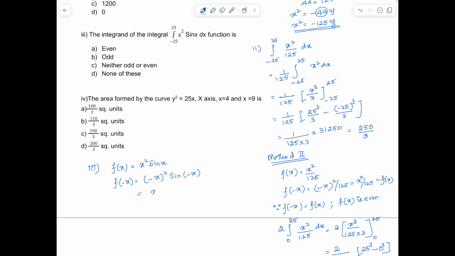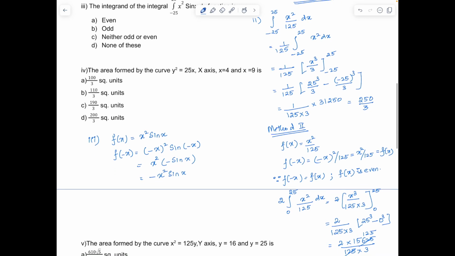Minus x the whole square becomes x square, and sin of minus x is minus sin x, which becomes minus x square sin x, that is minus f of x.